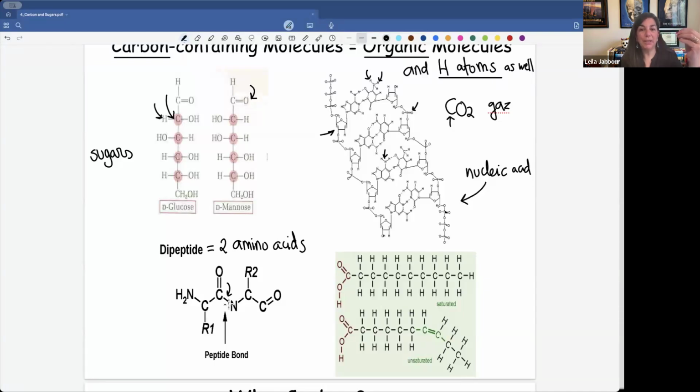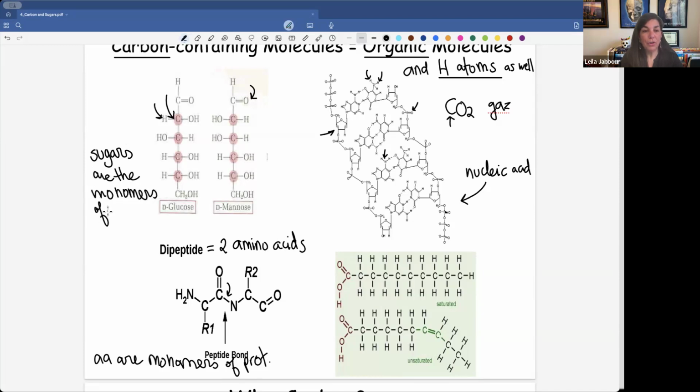That's why we call it a peptide bond. So when we get to the chapter of proteins, we will learn that amino acids are the monomers of proteins. And sugars here are the monomers of carbohydrates.